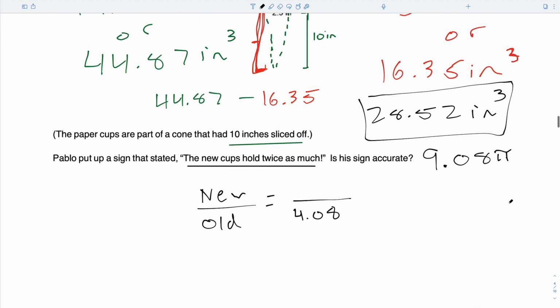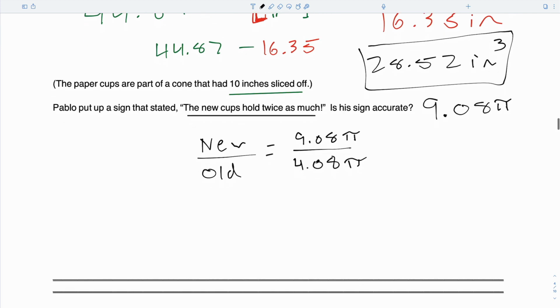And now we're going to divide. So it's 9.08 pi divided by 4.08 pi. And plug it in. And what's the answer?